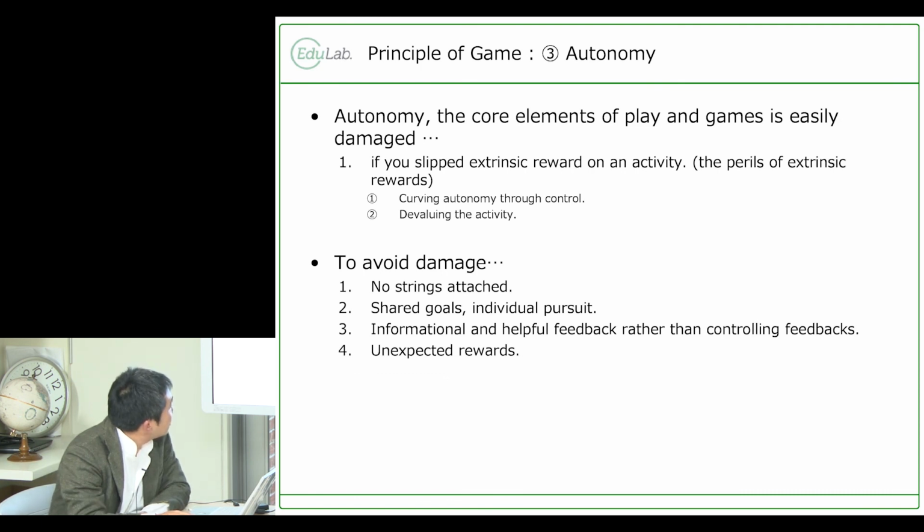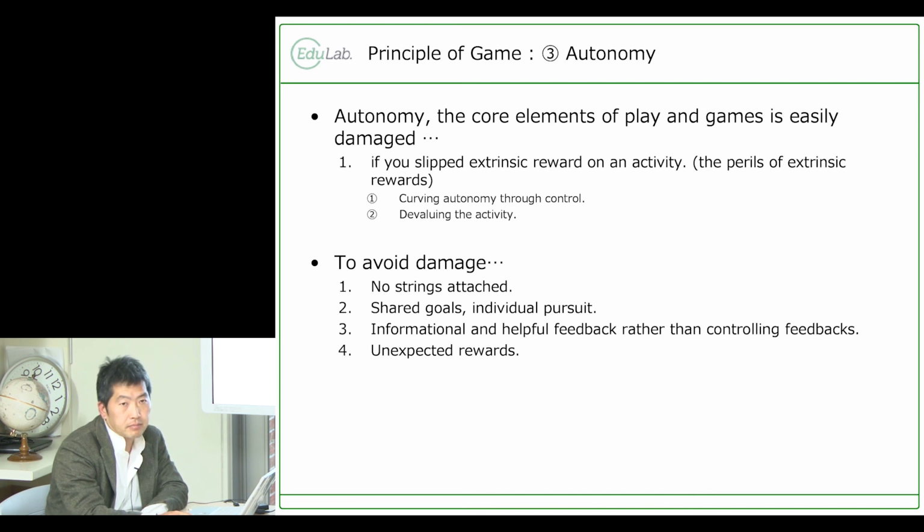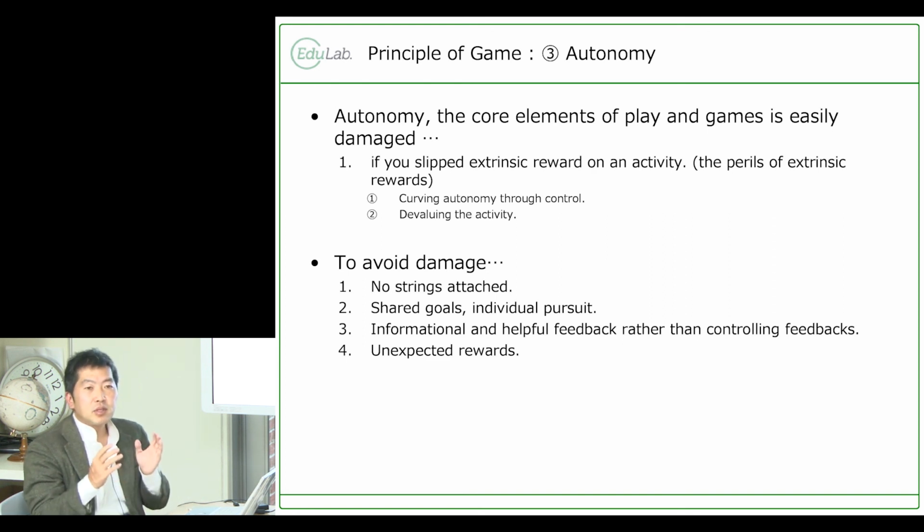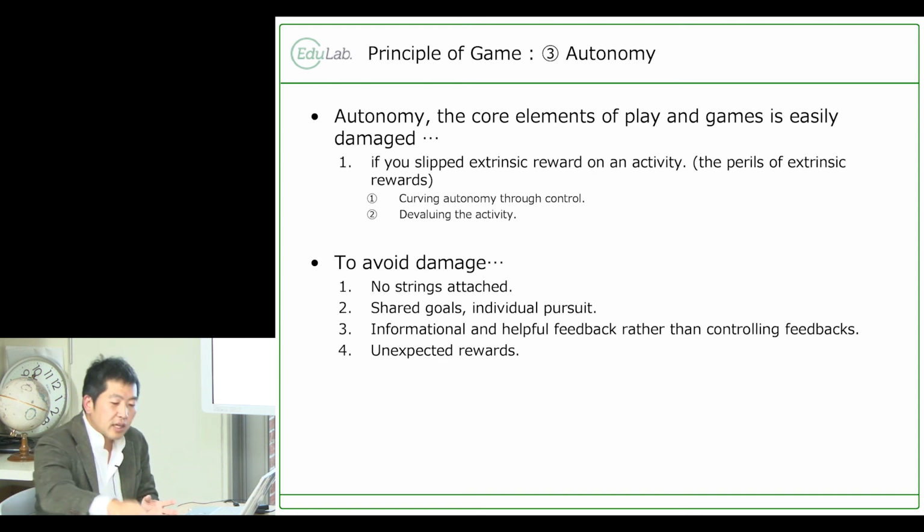And also, give informational and helpful feedback rather than controlling feedback. When you have a challenge, a goal, a rule, and instant feedback, you don't want to say, "Hey, you didn't make it because you didn't do this and this and this," right?